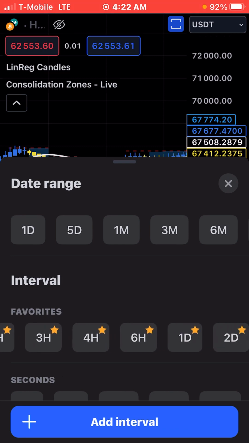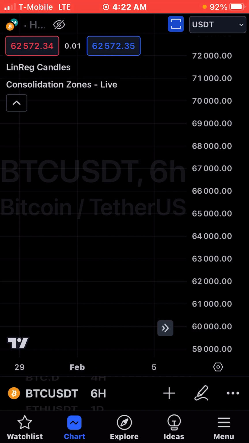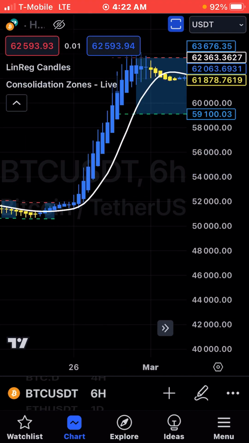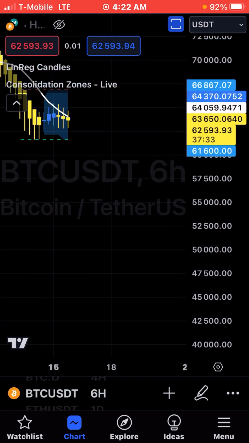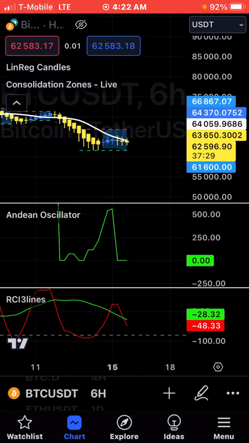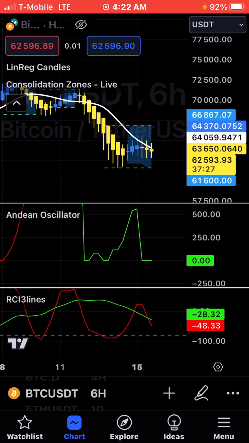Now, another method that you guys can do, which this one will take longer, but you'll make more, is to focus on doing it on the 6 hour and then the hour. So first off, you go to your 6 hour and find the overall direction. Like we're doing, the overall direction is down right now.